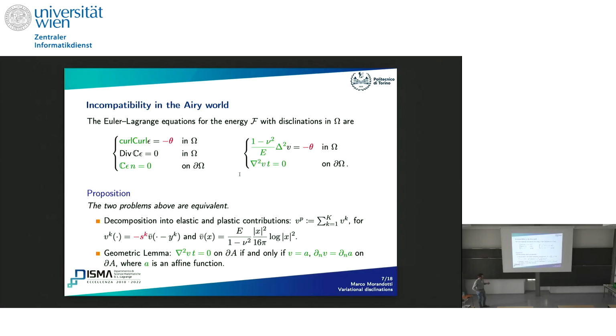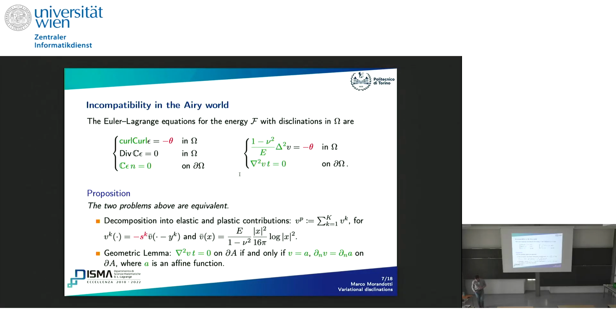And of course, there are some other pieces that you can add to this one, but they are biharmonic, so you can add them at your convenience or disregard them. This is the core of the presence of a disclination. So taking the bi-Laplacian of this generates the delta centered at the origin.